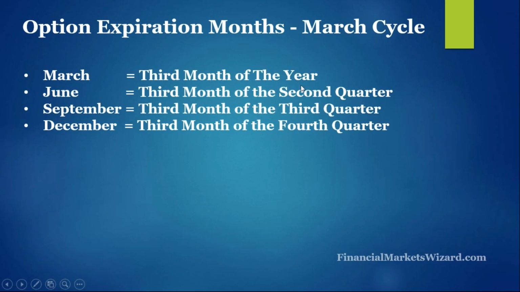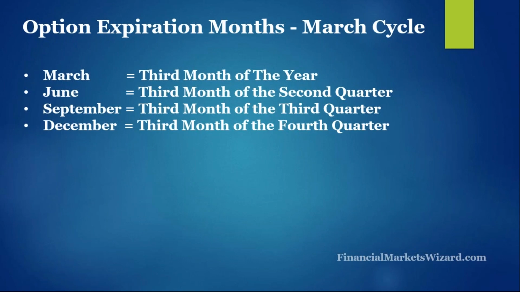So March, the third month of the year. June, the third month of the second quarter. September, the third month of the third quarter. December, the third month of the fourth quarter. So this is the way they assign the months to the stock, which is assigned to the cycle.